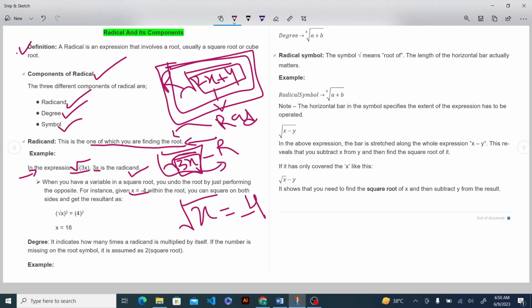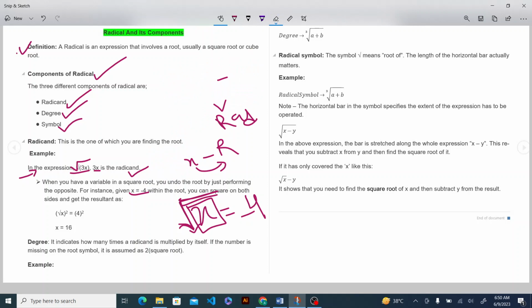Now we are going to get rid of this under root or square root sign, and we have to find the value of x. Okay, so what we will do, we will take the square on both sides. Let me solve this example for you here on the board.